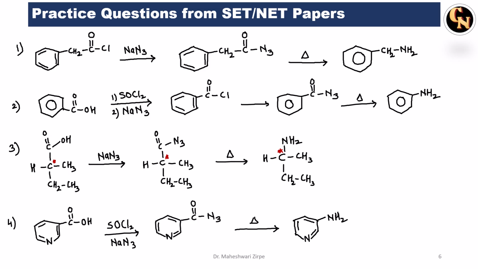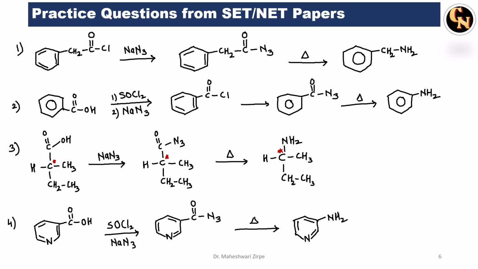As you can see, the first one has a benzene ring, CH2, C double bond O, Cl. So it is an acyl chloride which is reacting with sodium azide. Once you see acyl chloride and sodium azide, you should remember that it can undergo the Curtius rearrangement reaction.